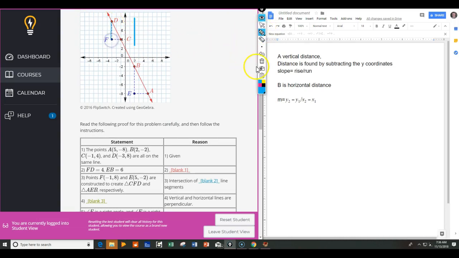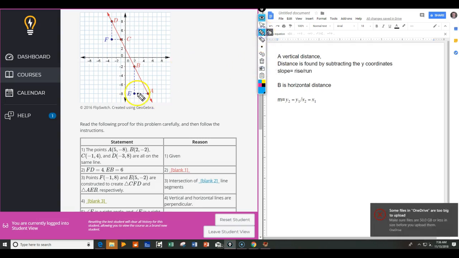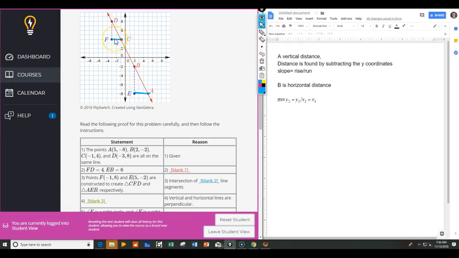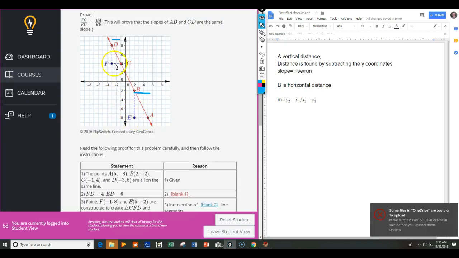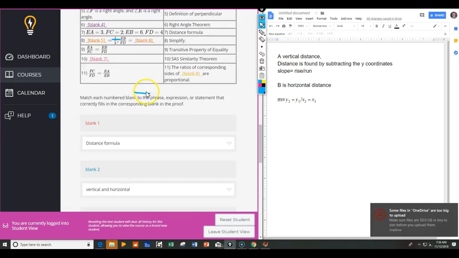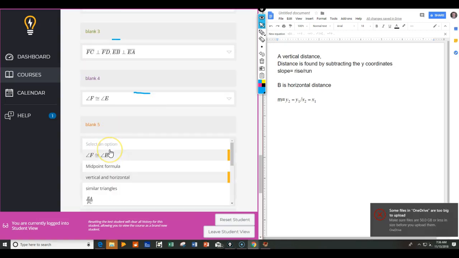So now I am going to check that the one before is EA over FC because it's horizontal line comparing to horizontal line. And this would be 1, 2, 3, and 1, 2. So it would be 3 over 2. So again, this would be EA divided by FC.